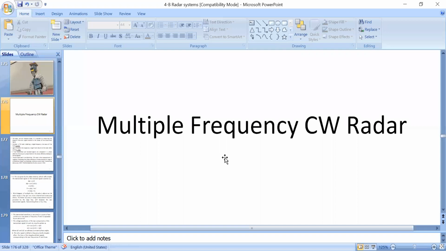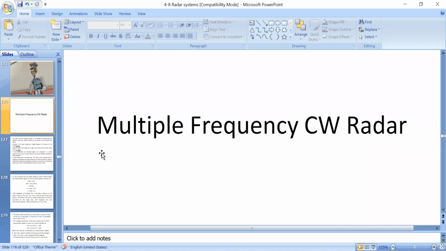Now, the new concept is multiple frequency continuous wave radar. By using continuous wave radars, to calculate the range information of the moving target, one method is frequency modulated continuous wave radar. The other method is multiple frequency continuous wave radar.